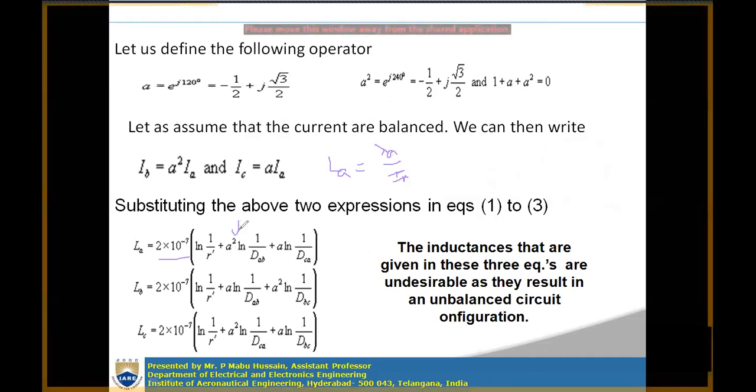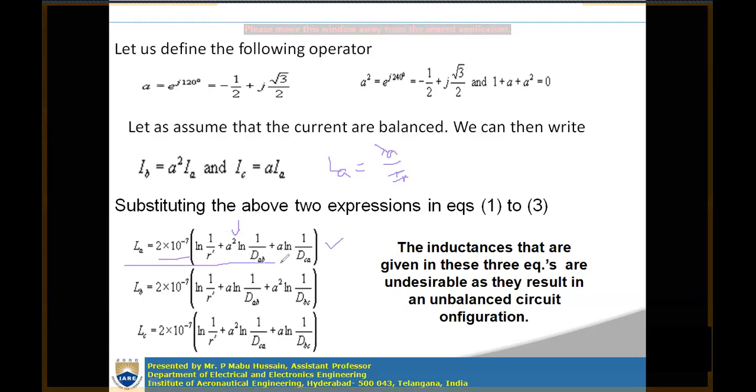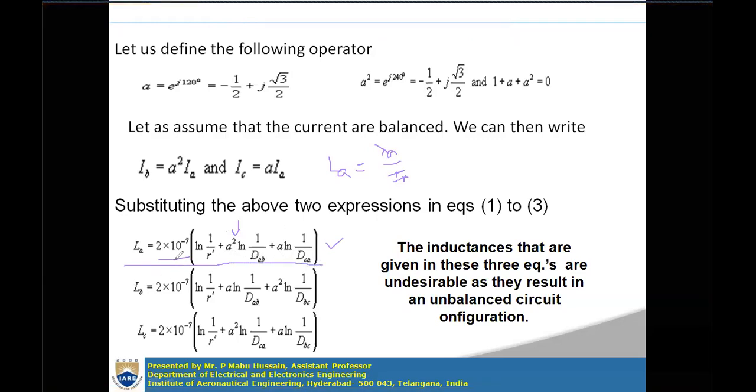In place of IB, you have IA into a square, since IA was taken as common, so the remaining term is a square into ln 1 by dab. In place of IC you wrote a into IA, so taking IA common, the remaining term is a into ln 1 by dca. Similarly, you have to do it for the other phases also.